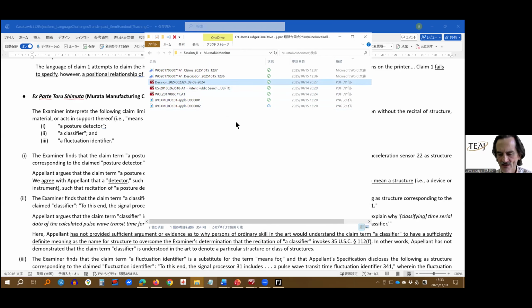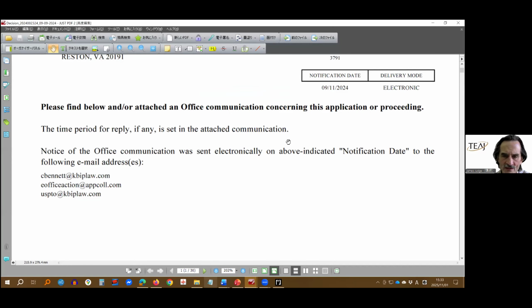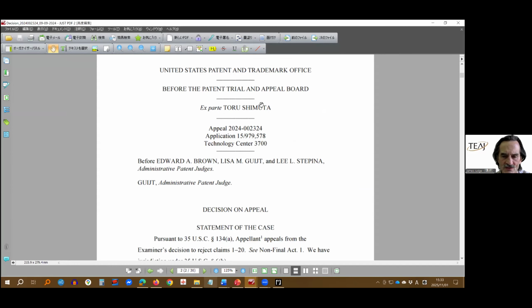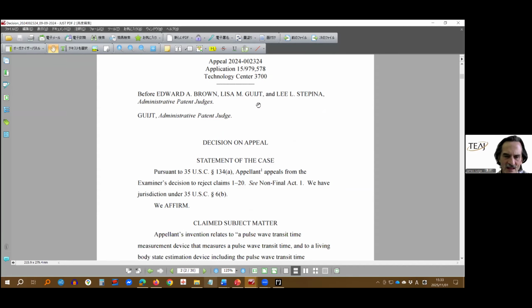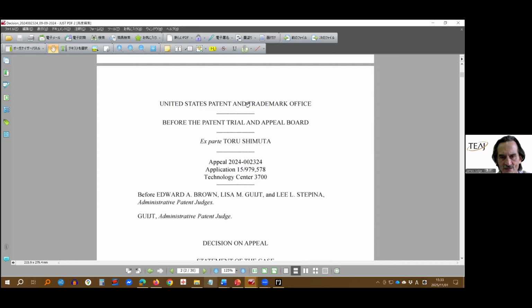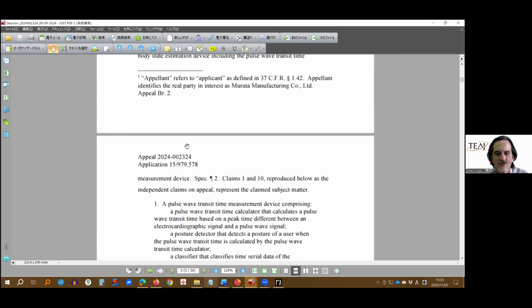Well, we can look at the decision itself, but these decisions are usually quite well written, and the judges or tribunal officials spent a lot of time writing very clear explanations of the history of the case and the result. So the appellant, in this case, again, Murata, appeals from the examiner's decision to reject, and they affirmed the examiner's rejection. Why was it? So what is the rejection?